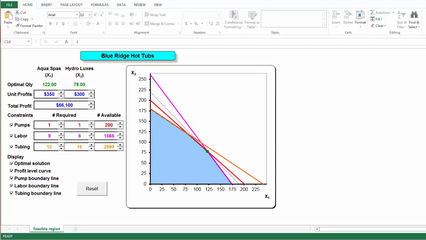Before we do anything about right side value of the pump constraint, I'd like to ask you to pay attention to the red line, which is pump constraint boundary line, the feasible region, and the green dot, which is our optimal solution.